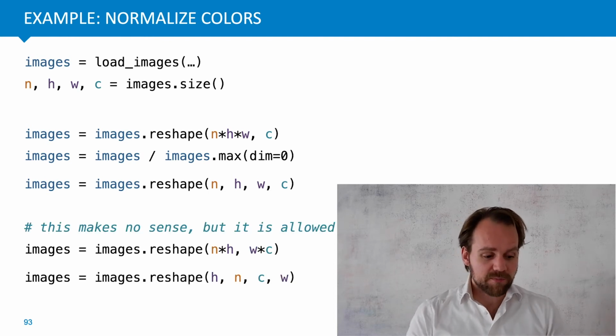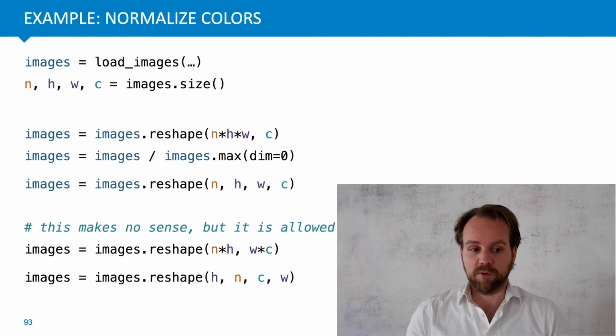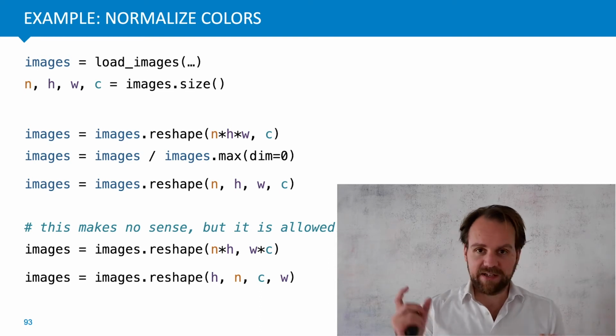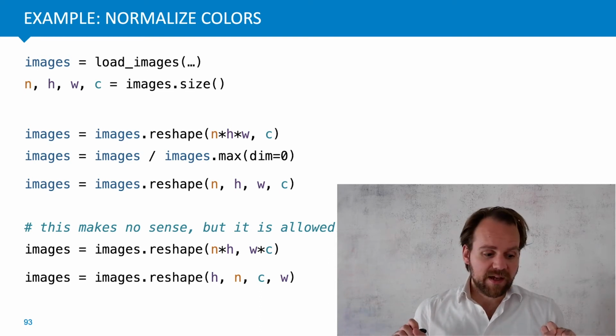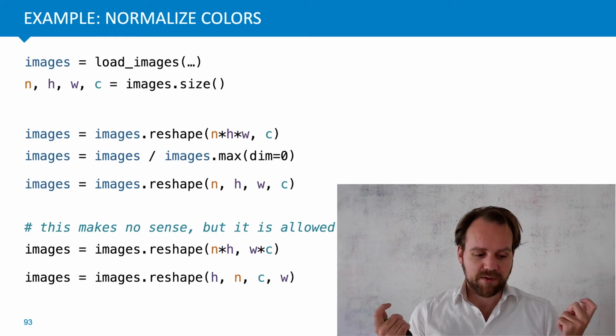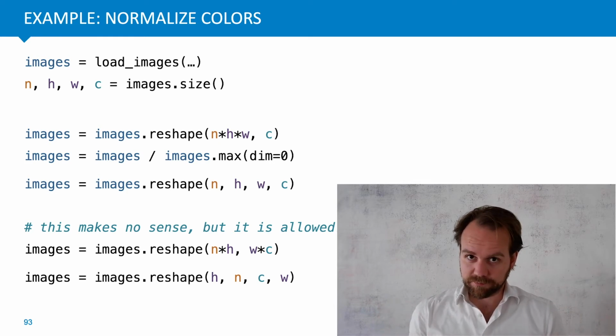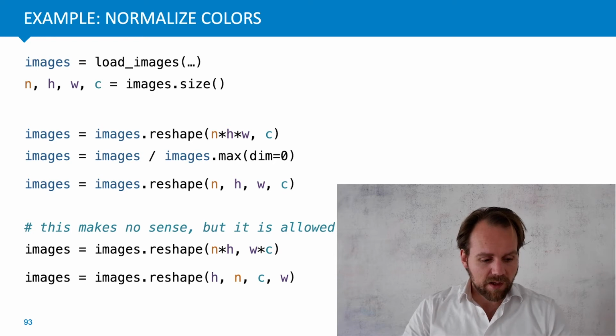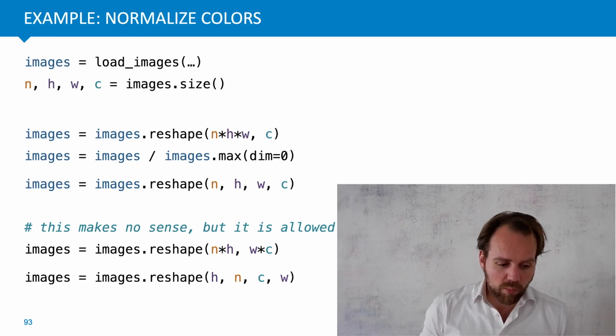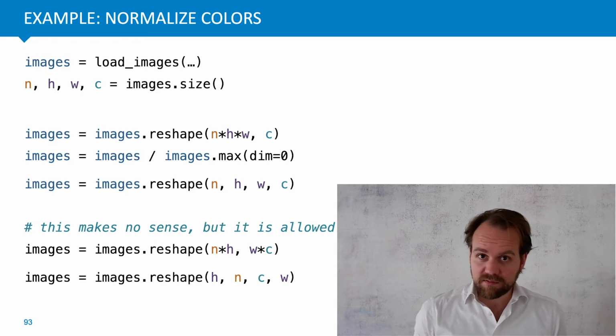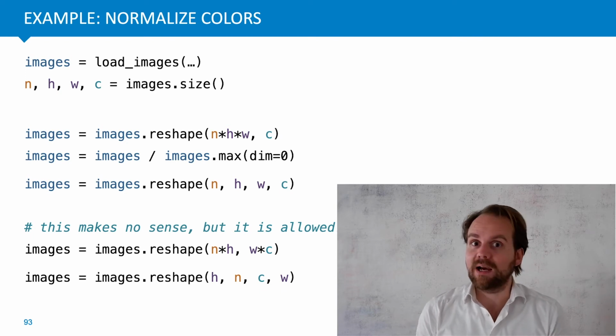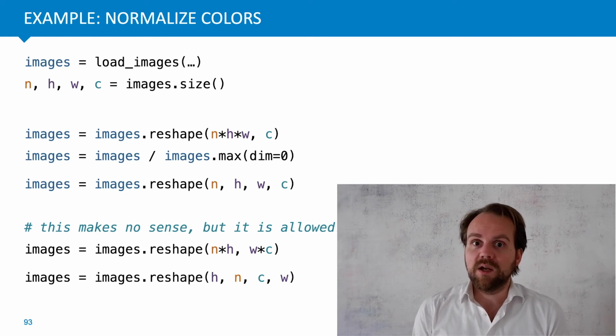For instance, if we reshape the dimensions of n and h together and w and c together, and then we reverse the reshape, but change the order. We're allowed to do this. PyTorch and NumPy will allow us to do this, will not complain.